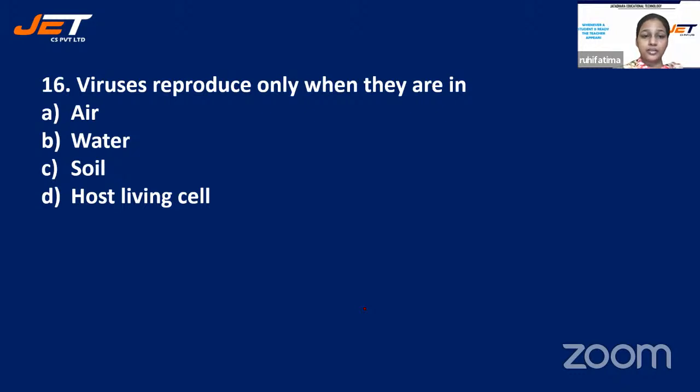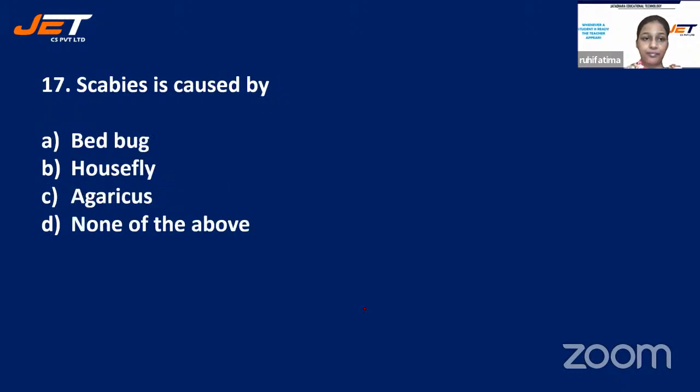Okay, and the correct answer is when they are in host living cells. I told you, when they are outside, whether in air, water, or soil, they behave like a non-living organism. But as soon as they enter a host living cell, they start behaving like a living organism.